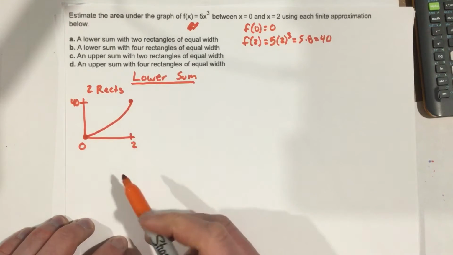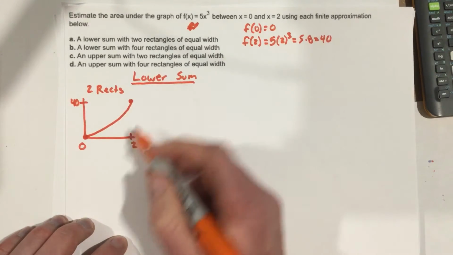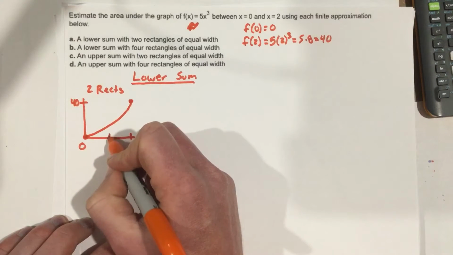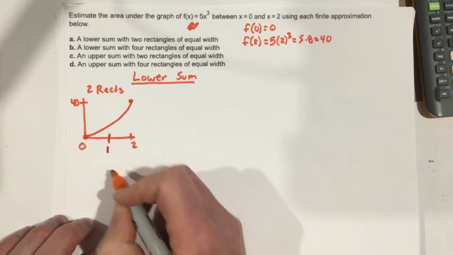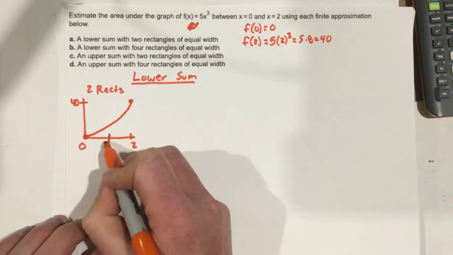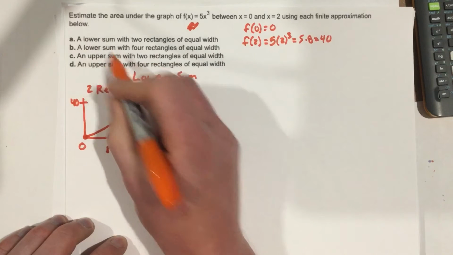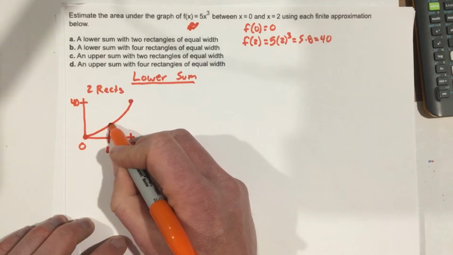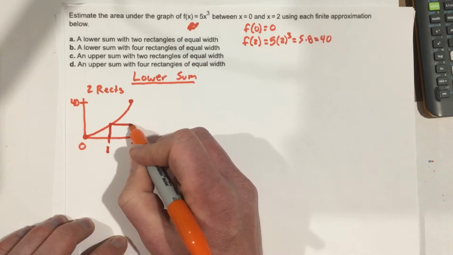So for 2 rectangles, and if we're doing lower sums, our 2 rectangles have to be the same width, with 1 being the middle. Each one's going to have a width of 1. Because it's a lower sum, we start at 1, go up until we touch that function, and slide over.